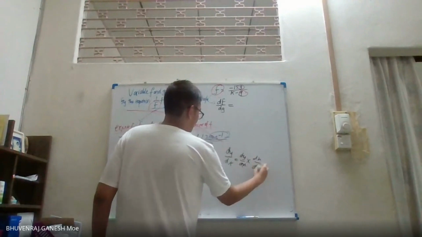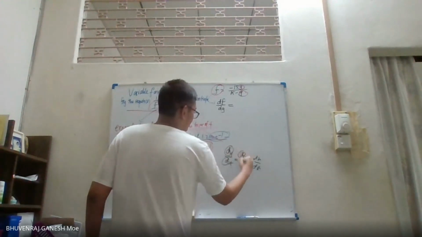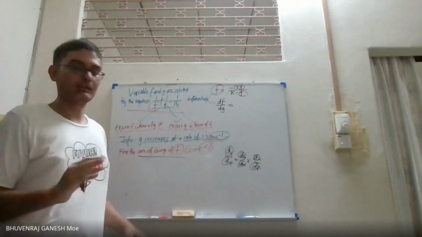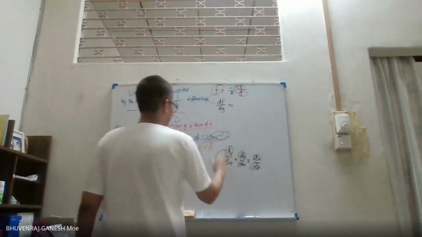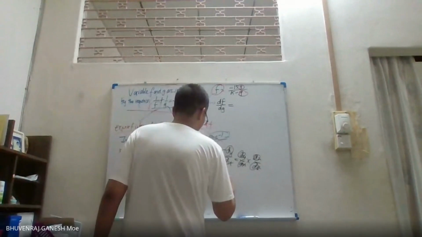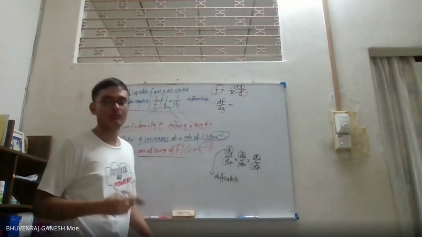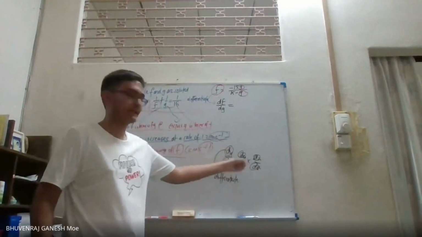Can you see they always use the letter d here? The letter d in front of the variable like x or y actually means differentiate. That's how you represent the symbol of differentiate.